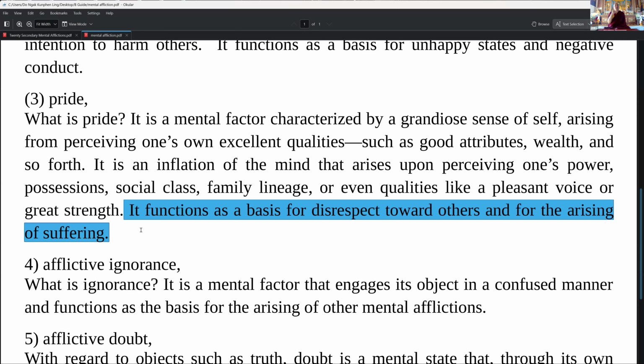Additionally, once pride has manifested, you may look down on them, right? You don't want to talk to them because you are lower and I'm supreme, right? And then you don't want to associate with them.